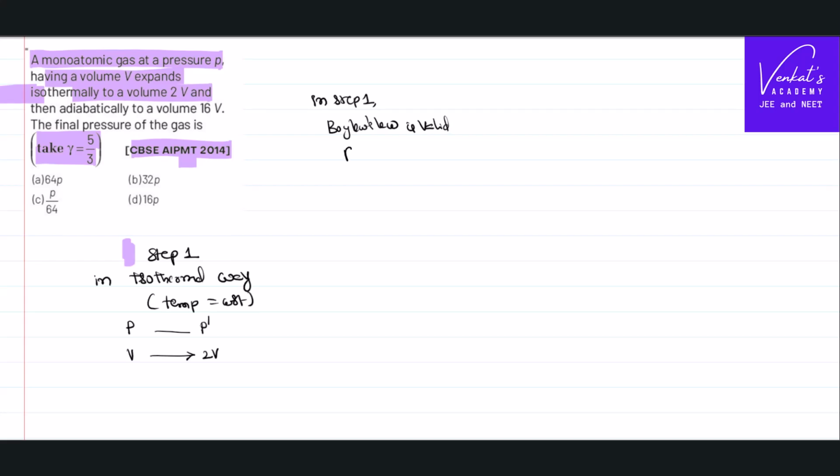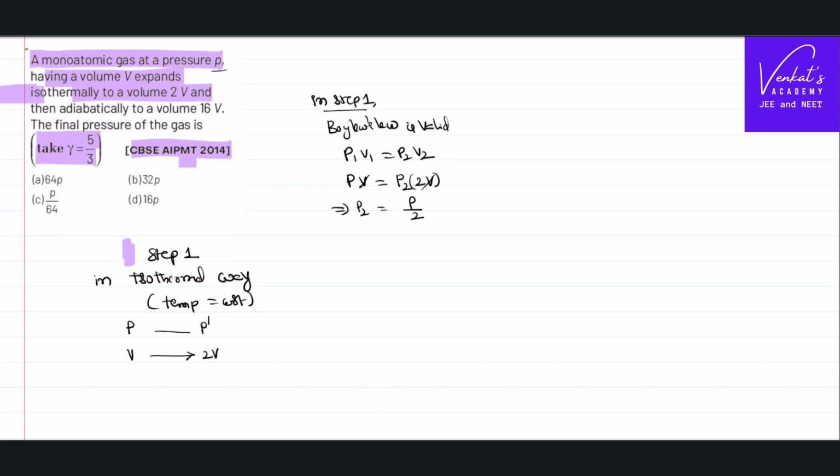This PV is constant, that is P1 V1 equal to P2 V2. It is given that P1 is P, V1 is V, P2 is how much we don't know, we call that P dash. Volume is changed to 2V. So V and V will cancel.